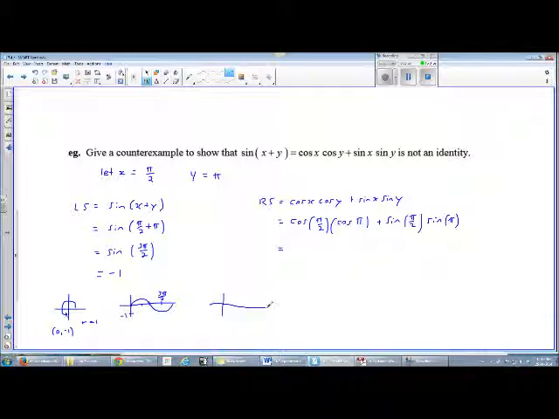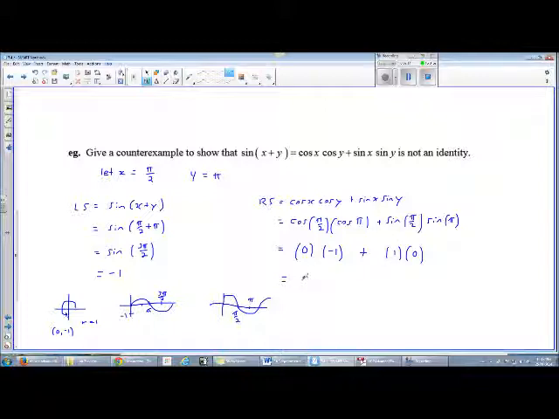Cosine of pi by 2, which is right there, equals 0. Cosine of pi, well, pi is where it equals negative 1. Plus the sine of pi by 2. The sine of pi by 2 is 1. And the sine of pi, which is right there, is 0. So 0 times negative 1 plus 1 times 0 equals 0.